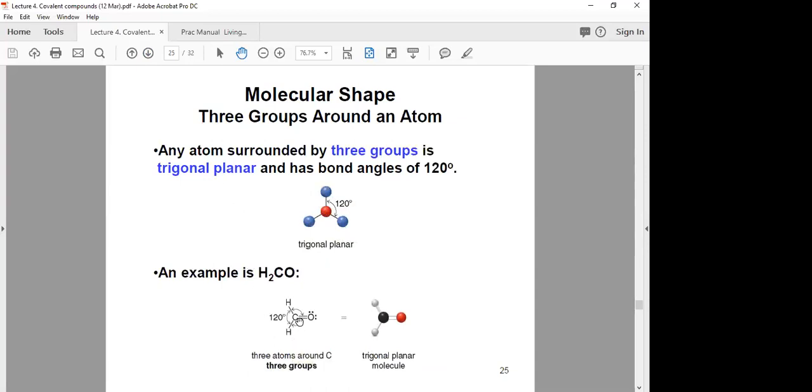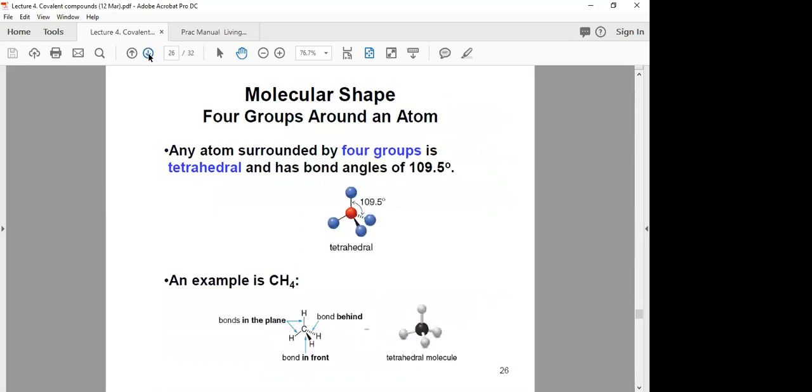Here's an example here, H2CO. This is formaldehyde. Central carbon, where are the three groups? 1, 2, and 3 groups surrounding that carbon. Here we can see the 120-degree bond angles, and here we have the geometry, trigonal planar molecule. So when we say it's a planar molecule, that means it's flat, basically has a flat shape.